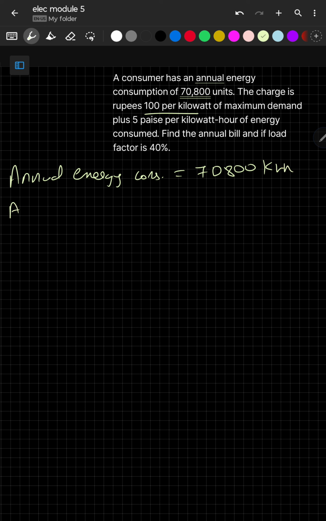We know that annual energy consumption is equals to, what did I say, average load into 24 into 365. From here, can we find average load?